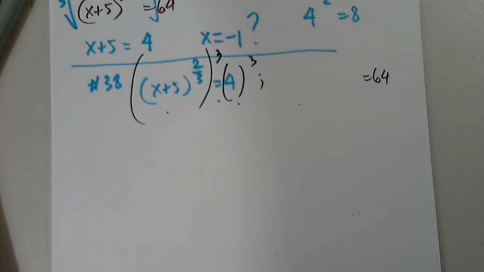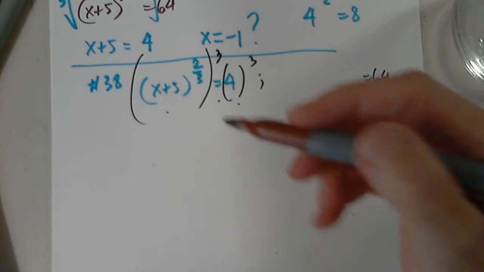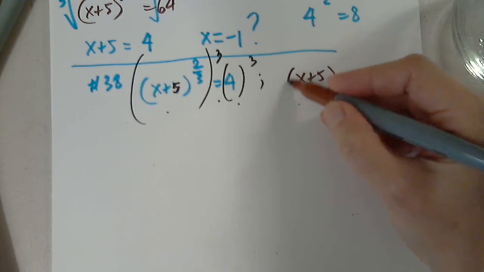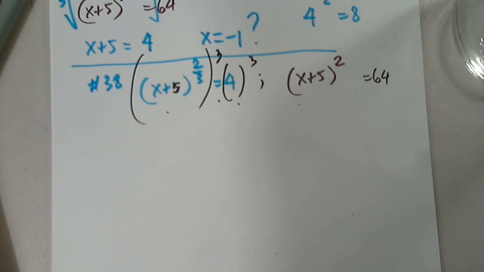Okay, so what do we have on the left-hand side? Alright, (x plus 5) to the second power. Yeah, I'm sorry, it's my writing. Good. And what do we do next?